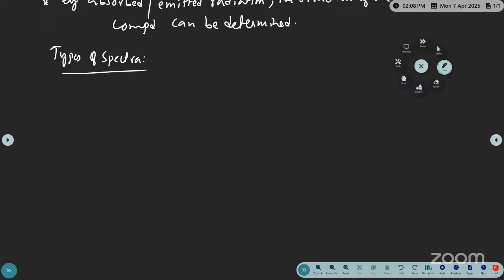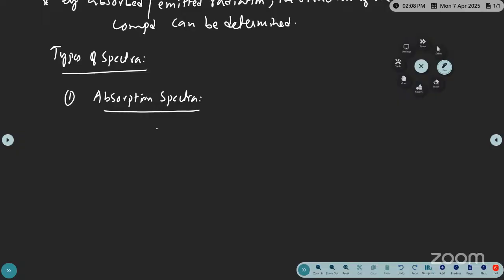The spectra are two types. One is absorption spectra, and the second one is emission spectra. What is absorption spectra?